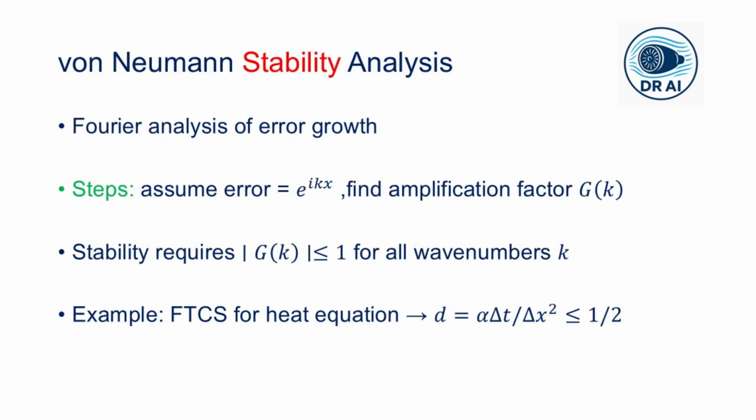Von Neumann stability analysis, or Fourier stability analysis, is the standard tool for these linear constant coefficient problems. The steps involved are four. First, assume the error can be represented as a sum of Fourier modes, each represented as e raised to the power i k x.